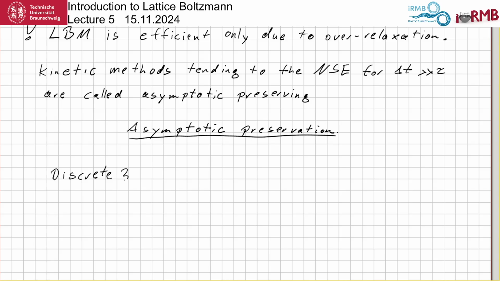Let me draw the picture, maybe it's better. So let's say we have Lattice Boltzmann, a discrete Boltzmann equation with discrete speeds on one hand side, and we have the actual Boltzmann equation on the other side.